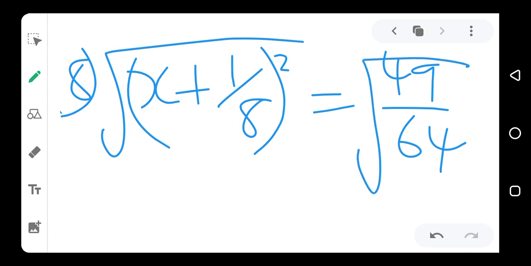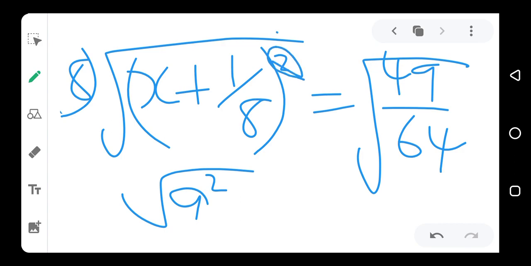Now this is in the form of a squared under a square root. The square root of a value squared is equal to that same value. So this square root will cancel the power 2, leaving x plus 1 over 8.